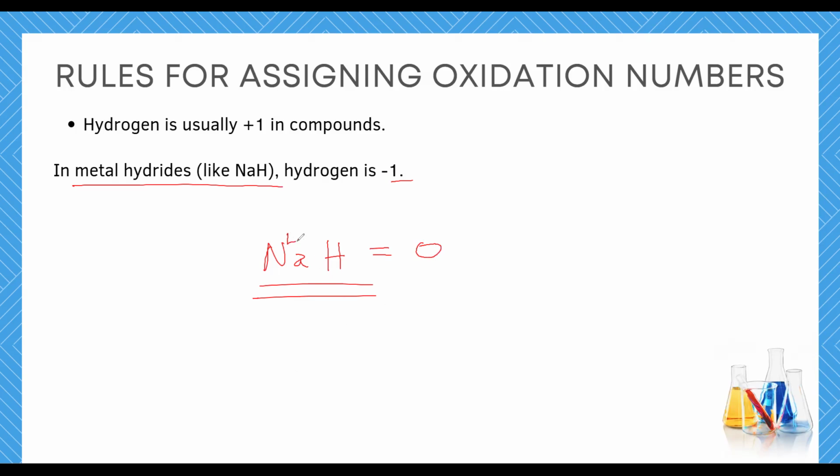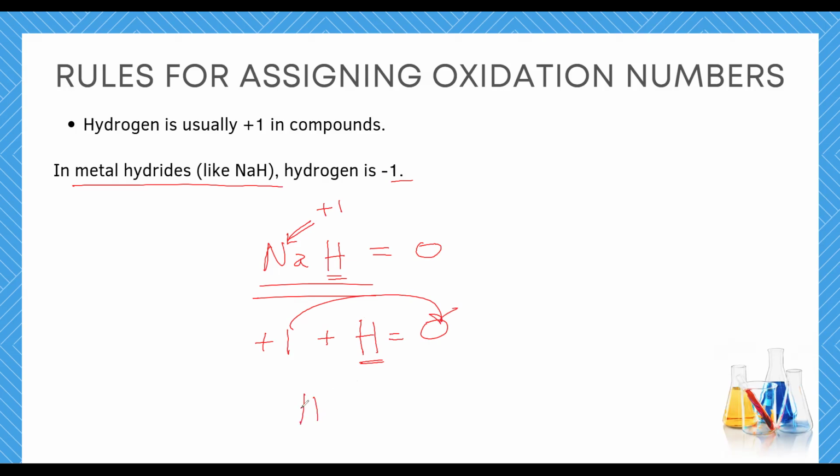And now they are also telling us that alkali metals are plus 1. We just saw that rule now. So what are we going to do? The oxidation number of sodium, plus 1, plus the oxidation number of hydrogen. We don't know what it is because that's what we're calculating for. So let's name it H, is equal to 0. So we're looking for H. This one goes to the other side.